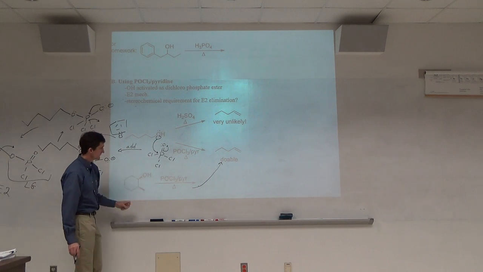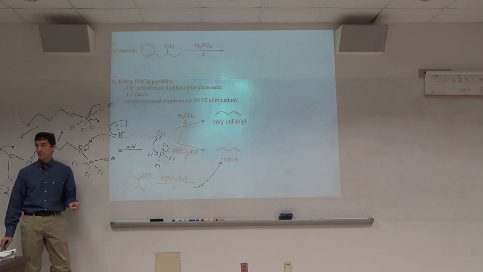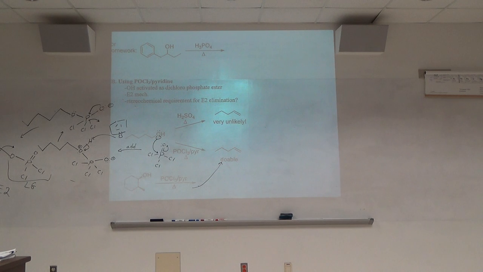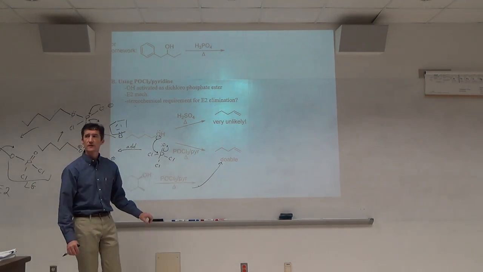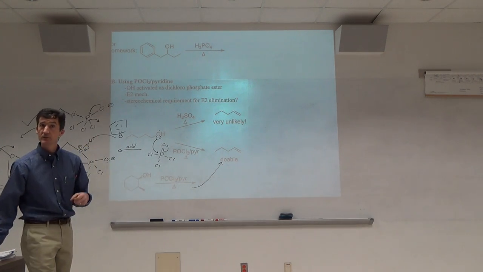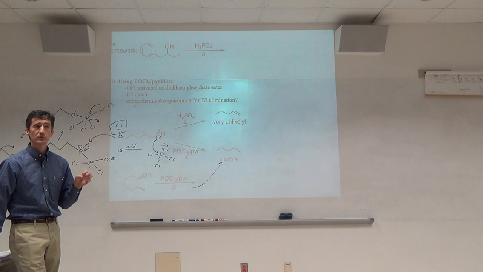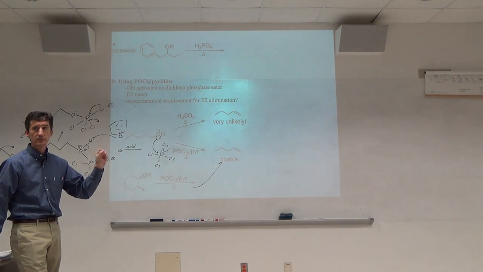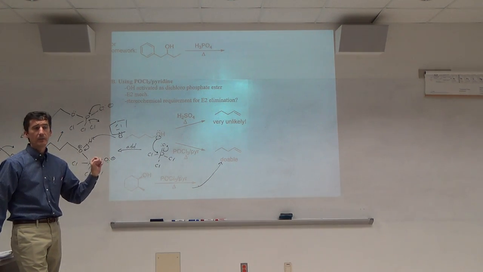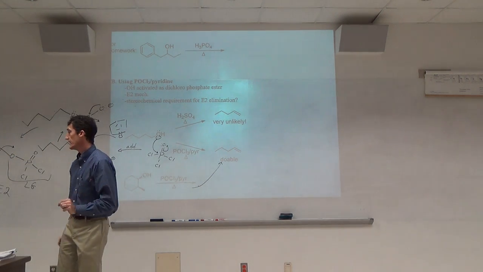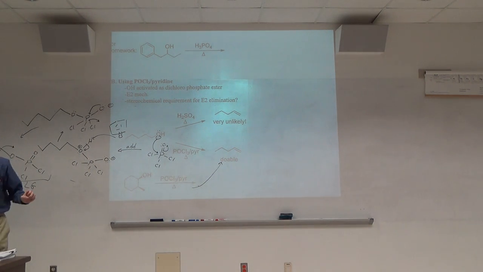Okay. You can do this one on your own. Careful down here. What's the stereochemical requirement of an E2 elimination? Do you always get the most stable alkene? No, you don't. Because there's a stereochemical requirement. The leaving group and the beta hydrogen that's abstracted have to be what during the transition state?